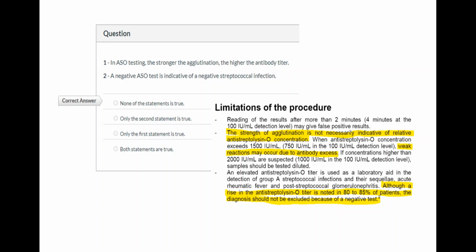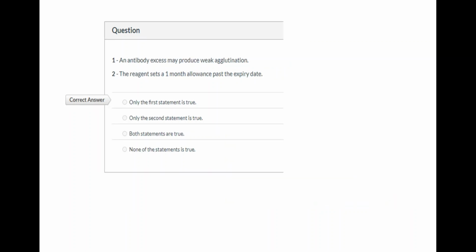Okay, please take note of that. When there is antibody excess, that will yield a weak reaction or a false negative reaction. And you will have a more detailed explanation on this in your lecture finals for serologic techniques. An antibody excess may produce weak agglutination.